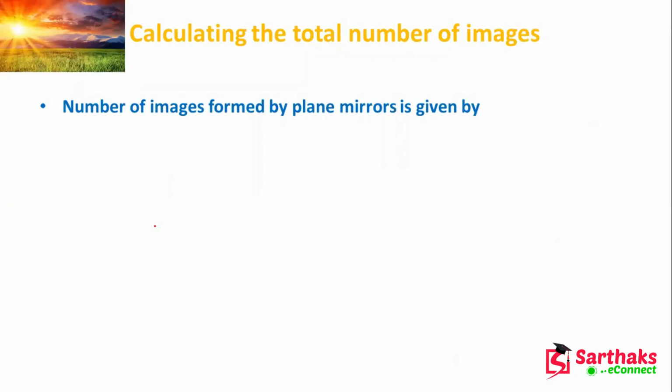So till now, whatever we have studied, we know. Now, how multiple images are produced. The number of images formed by plane mirrors is given by n equals 360 degrees divided by theta, minus 1, where theta is the angle between the two mirrors. You know that the total plane is 360 degrees.